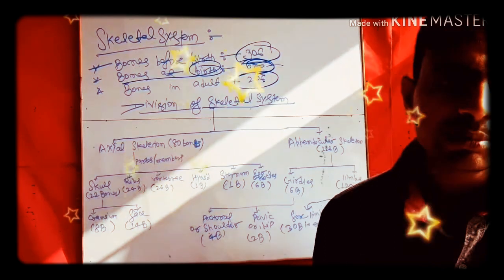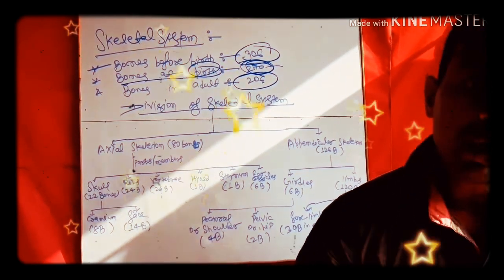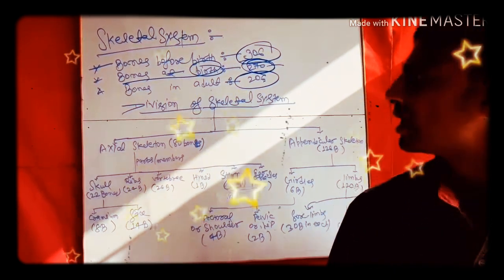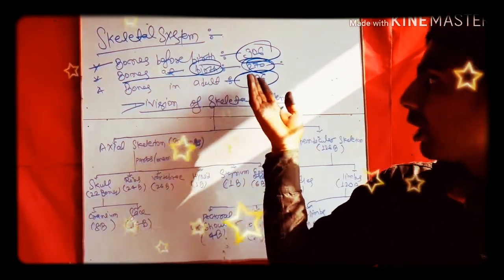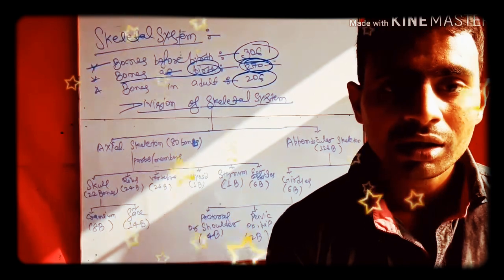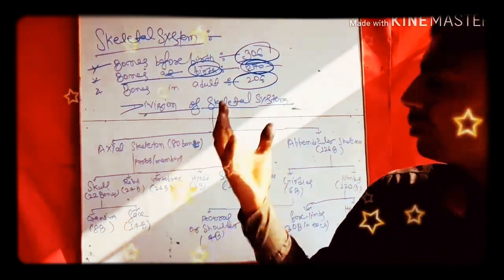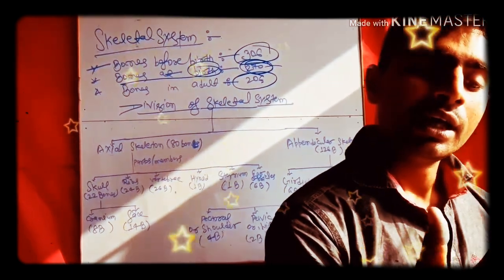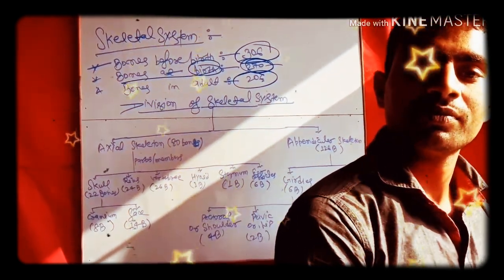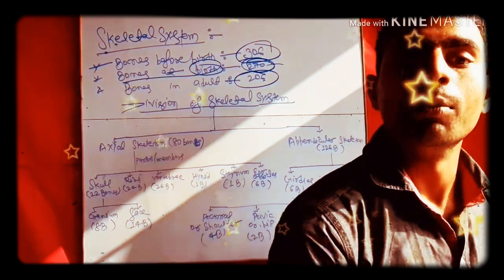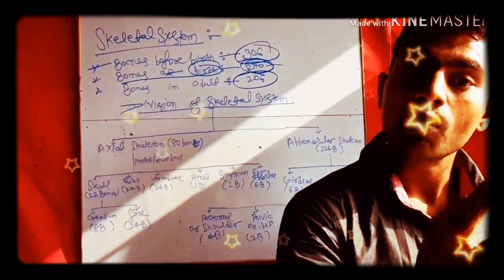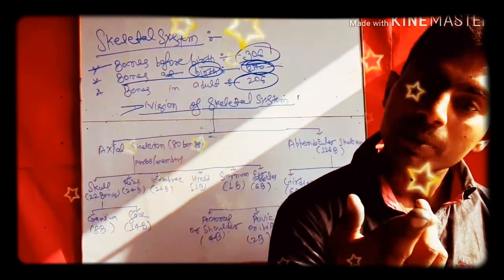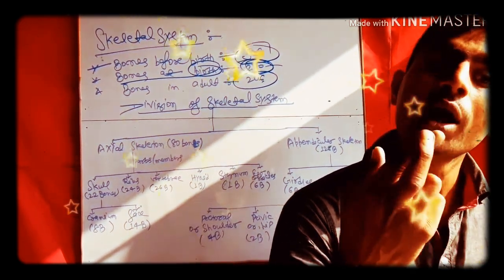Only 270 are present. Then in the adult, 206 bones. Where do these bones go? Many bones fuse with each other and make one bone.